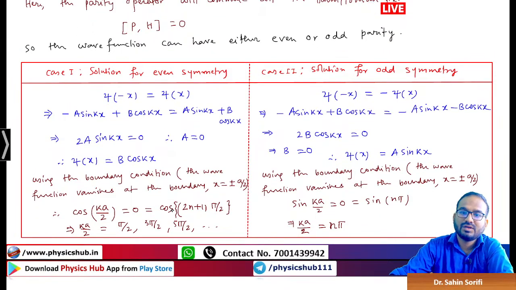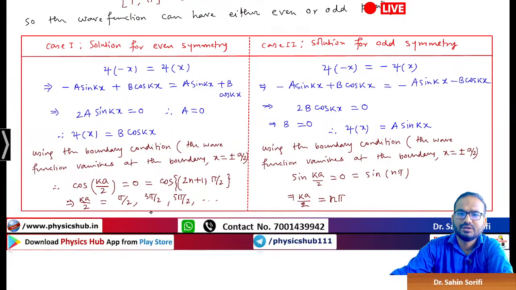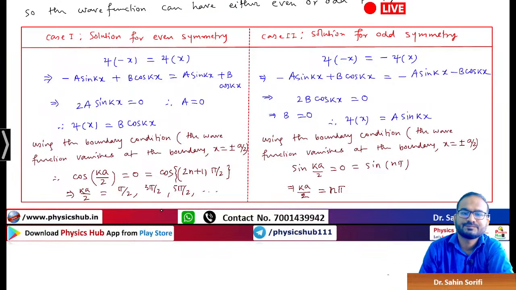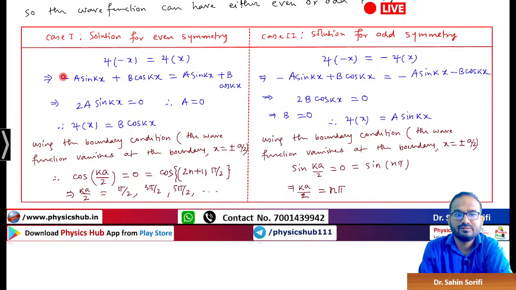Okay, one more logic. I think that this logic is not so good. Another logic, you see, under which condition, if you just look at this, minus a sin kx here, plus a sin kx here. So you can imagine sin kx is the same, minus a is equal to a. Under which condition is this possible? Minus a sin kx is equal to plus a sin kx, sin kx is the same. Under which condition this is possible? a equals 0?